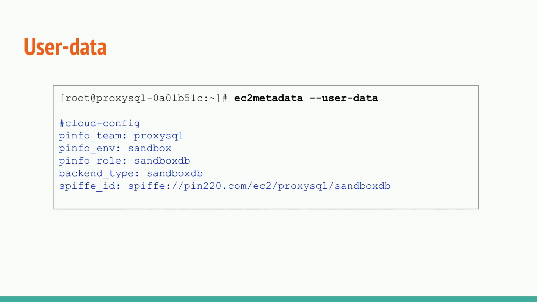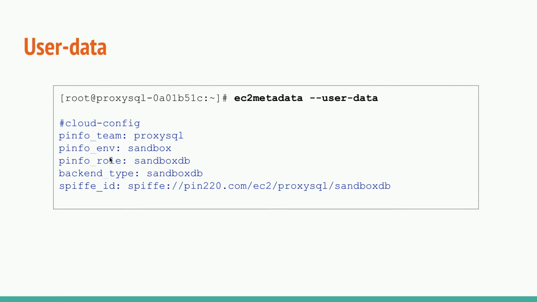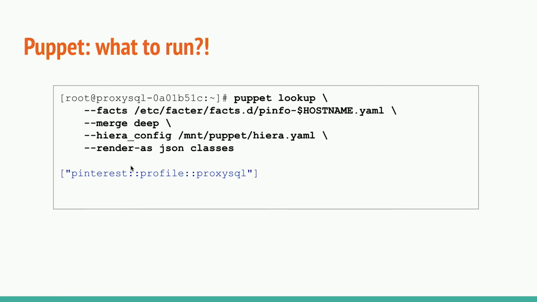So in user data, we do not specify any logic or running commands. We just specify what Puppet class it should run, and some attributes like the SPIFFE ID of this instance or backend type. From these attributes, team, environment, and role, Puppet constructs a manifest that it has to execute on this particular instance.